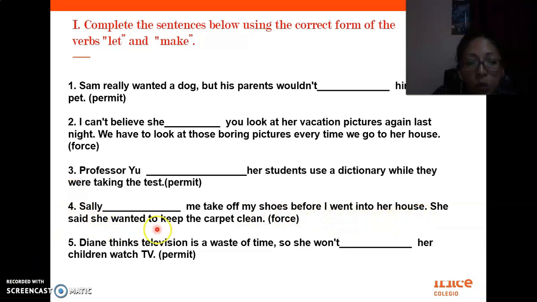She said she wanted to keep the carpet clean. Force. Number 5. Diane thinks television is a waste of time, so she won't her children watch TV. Permit. Please remember to write down your answers in your notebooks.